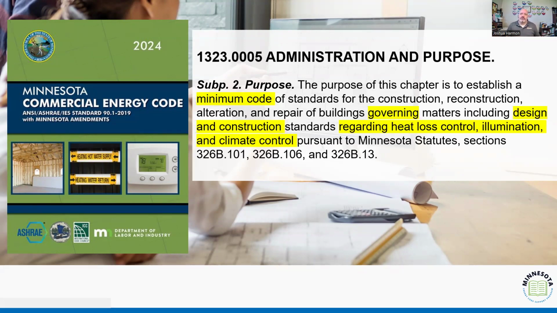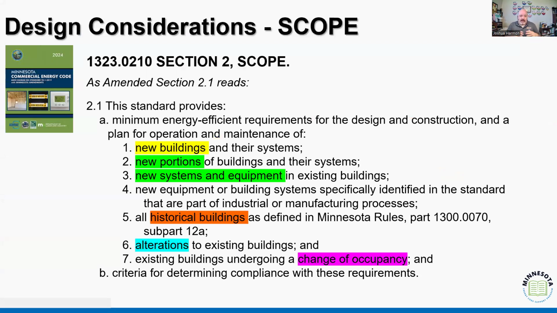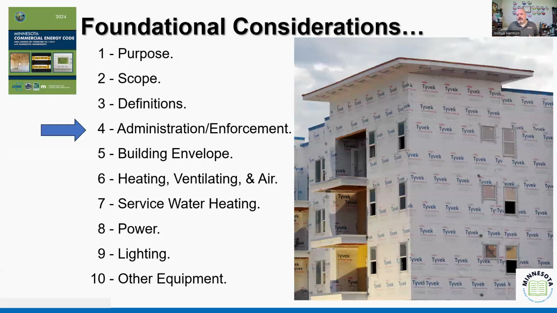Now, we've talked about it before. The energy code from a commercial energy code perspective addresses a variety of different types of buildings, from new construction through new additions, alterations, modifications, changes of use, and new equipment. So how do we address this idea of testing? Well, I always go back to our foundational consideration, right?